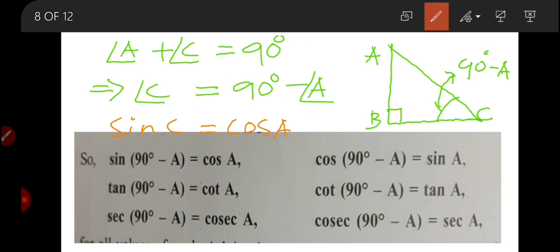Next, in this triangle ABC, angle A plus angle C equal to 90 degree, you know they are complementary.